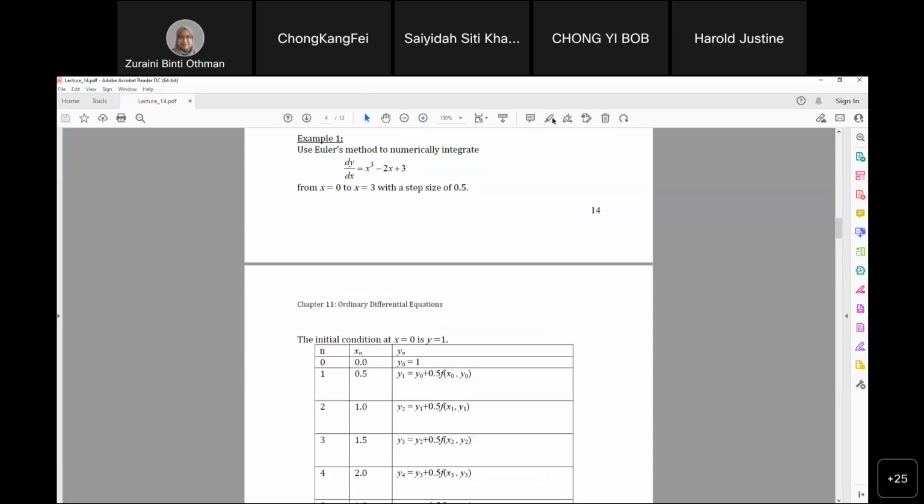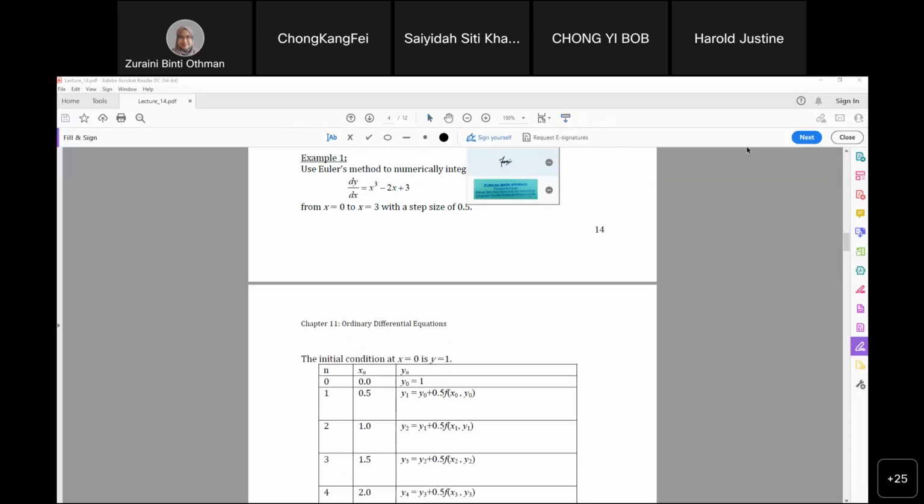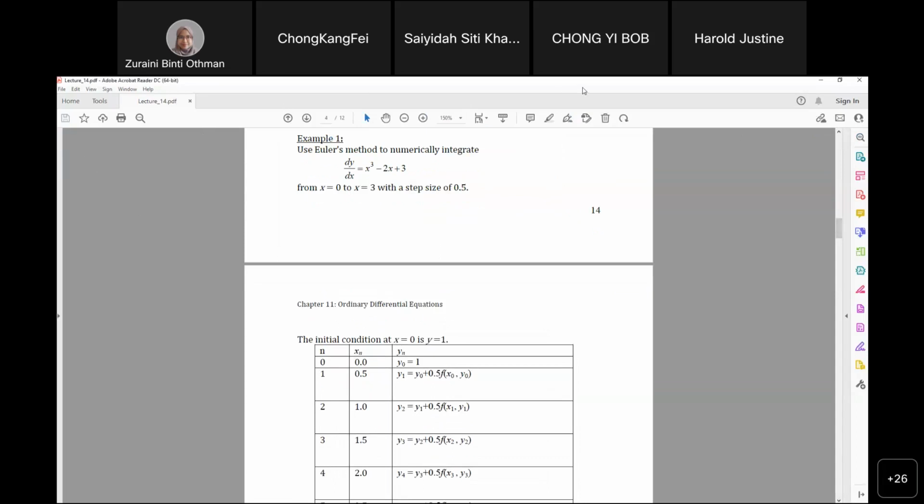The general formula for the Euler method ialah apa? Okay, the general formula just now is y_i equals y_(i-1) plus h times f(x_(i-1), y_(i-1)). Okay, maksudnya apa?